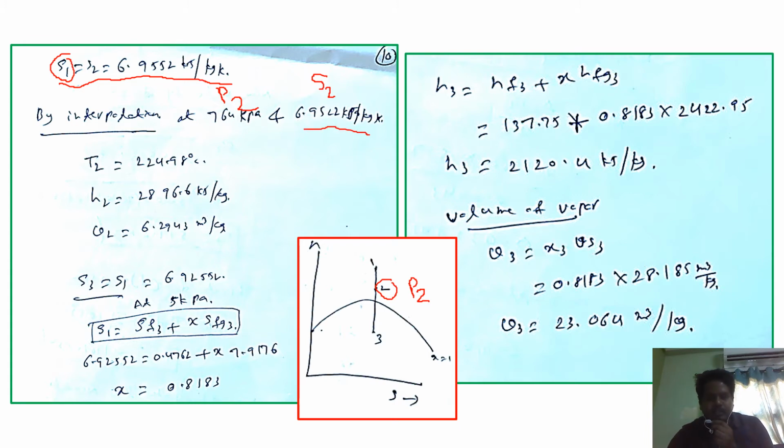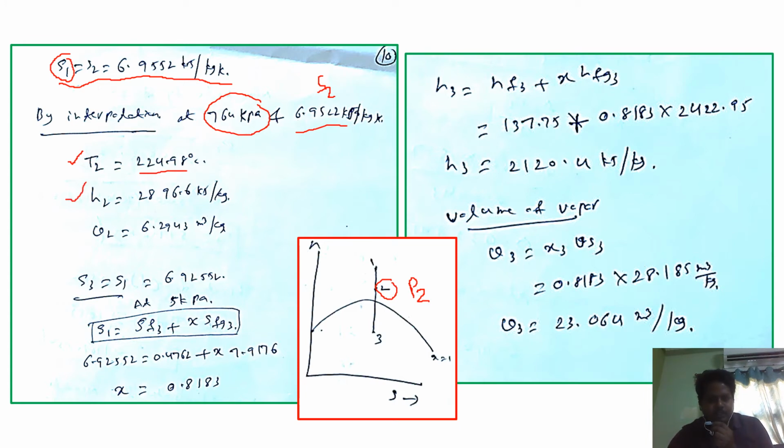From this data we have to refer the steam table. But in the steam table we don't find 764 kilopascal, so we have to do interpolation. By doing interpolation at 764 kilopascal pressure and entropy 6.9522 kilojoule per kg Kelvin, we can calculate the temperature T2, that is 224.980 degrees centigrade.